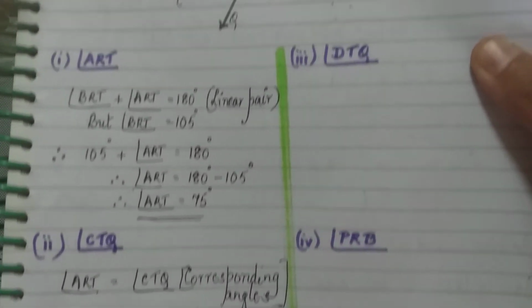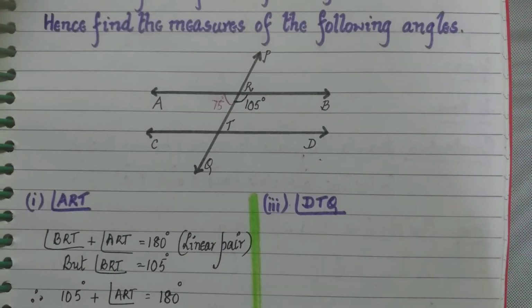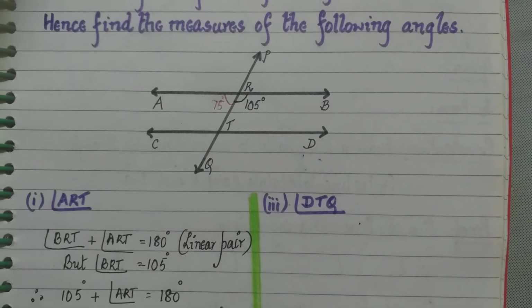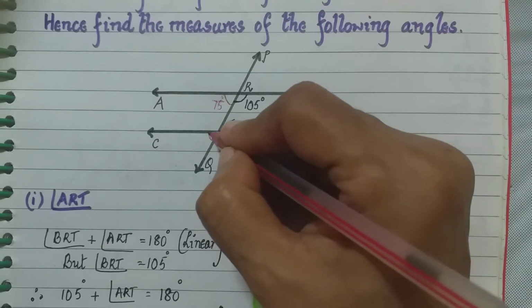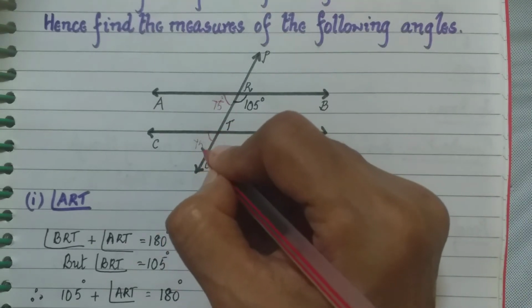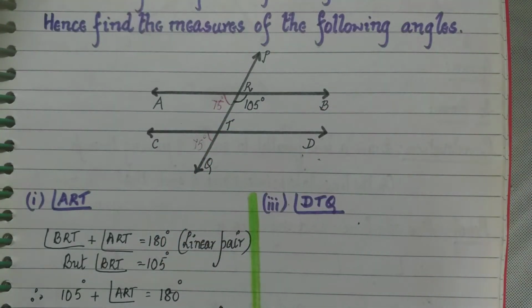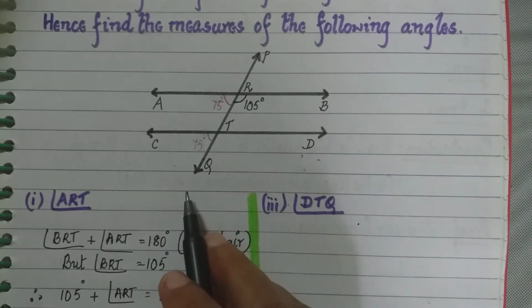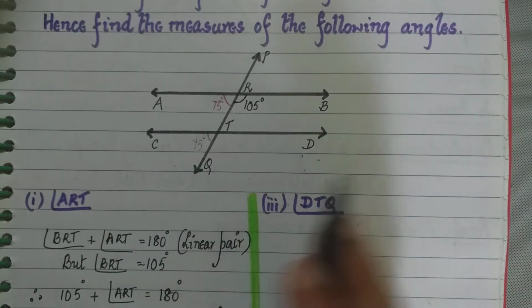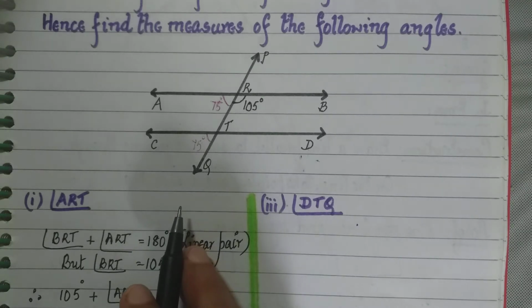Now going to the third angle which we have to find, that is angle DTQ. We found out angle CTQ also is 75 degrees. So I write it here. Now I have to find angle DTQ. Angle CTQ and angle DTQ form a linear pair.